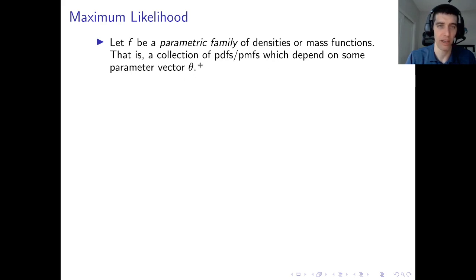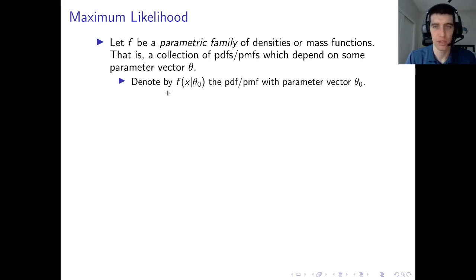Here I'm going to denote it theta. So it's a collection of densities, we'll just say densities for now, densities which are indexed by a parameter vector theta. So we'll denote by f of x given theta naught, this is the PDF or the mass function which has parameter vector theta naught.